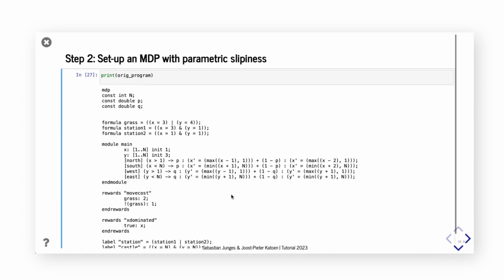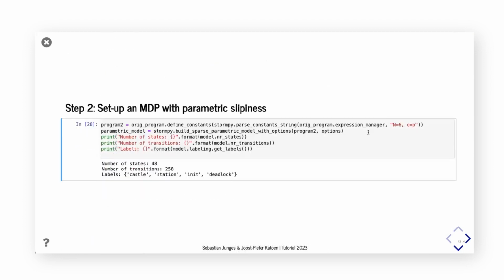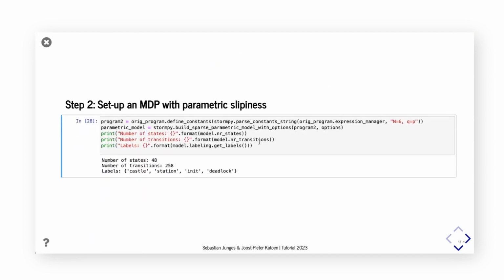The rest of this program is still the same. Then we can create a parametric MDP with this slippiness. So we're taking this program, but now we're defining the constant n to be 6. And we say, well, Q and P should be the same. Why? Because that makes everything one-dimensional, and that is a little bit easier to plot.